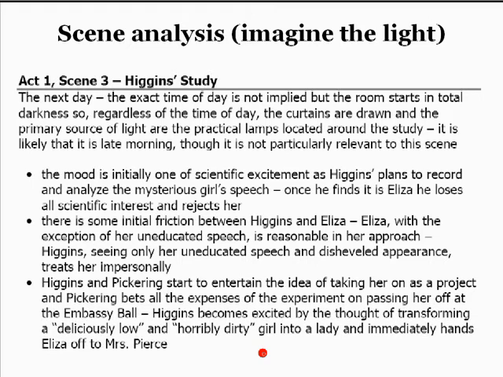This is what I did for my scene analysis, my analytical synopsis. For each scene, I went through and summarized the way that scene is going to be lit. Primary source of light are lamps located around the study.